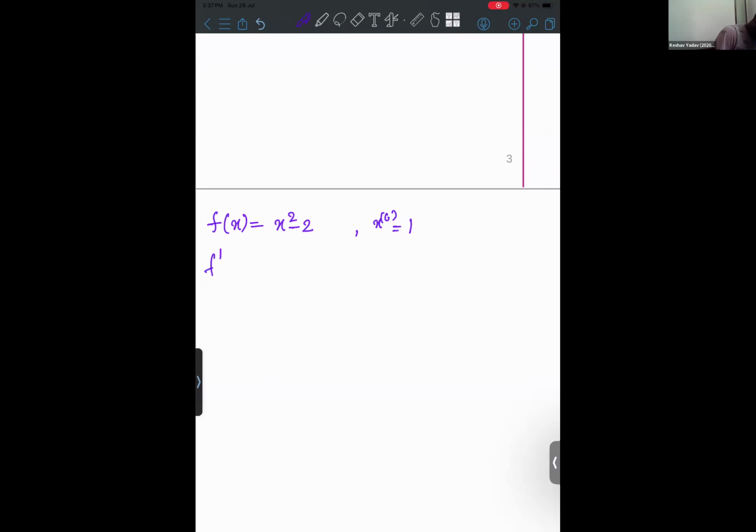Now what will be f prime? f prime of x will be equal to 2x. So what will be the value of x at the first iteration? That will be equal to x at the 0th iteration minus f at the 0th iteration divided by f prime at the 0th iteration.